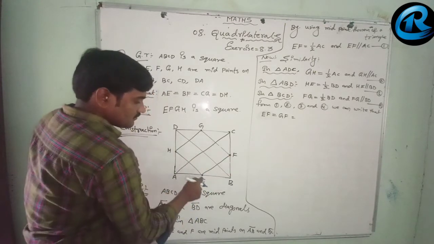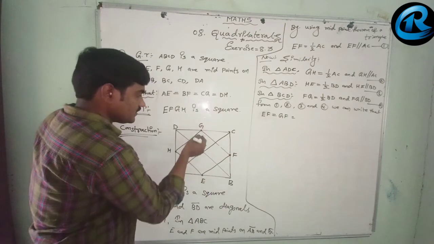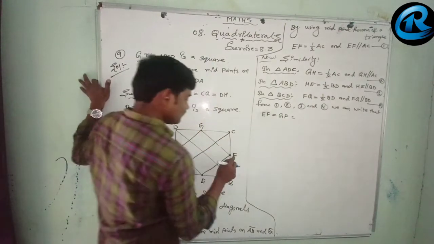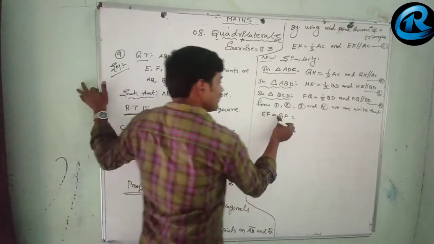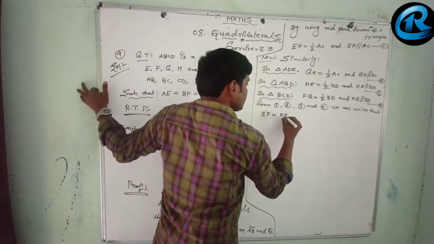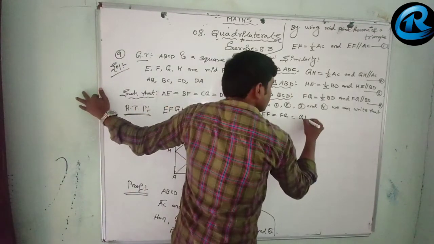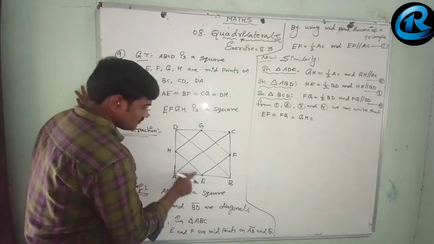That means all these sides EF, FG, GH and HE are equal.